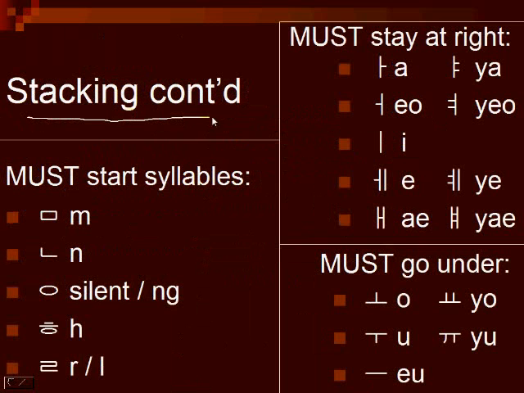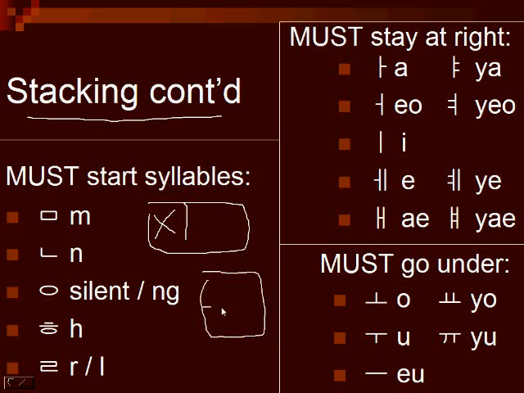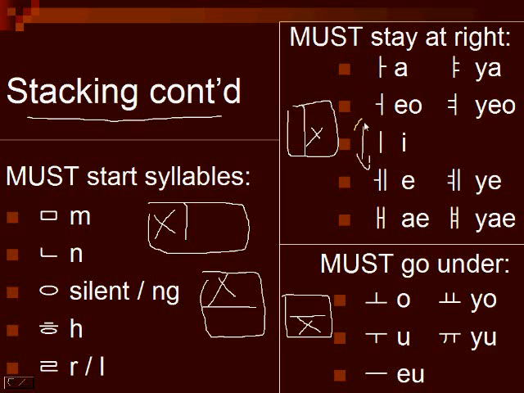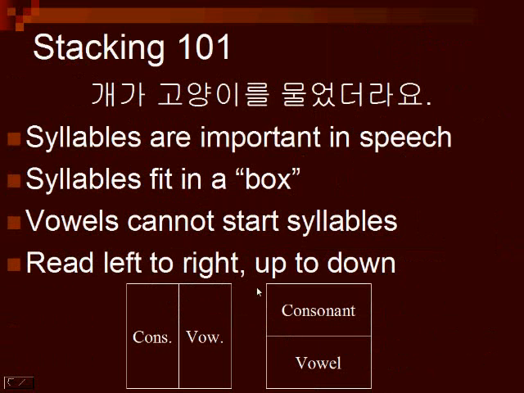Okay, stacking continued. As I told you, the consonant always starts a syllable, so it's either here or here, and the vowels are always placed after it. Notice that I separated these at the beginning of the video. So notice how tall this one is. You're not going to put it at the bottom. That's silly. You're going to put it to the right side. Remember how we had two options here?